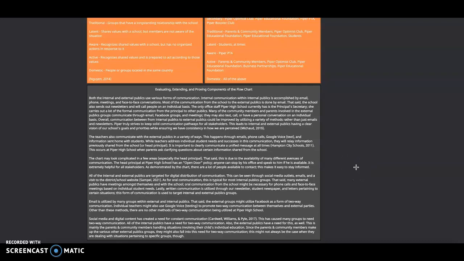And lastly, written communication is utilized through our newsletter. We actually have a student newspaper as well that students can bring home to their parents, and also letters pertaining to certain situations. And email is mainly used as a two-way communication form. And we also use Google Voice to promote two-way communication.